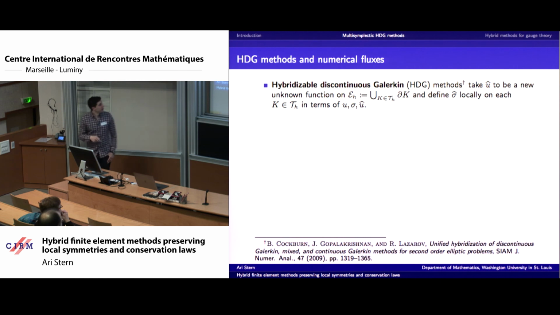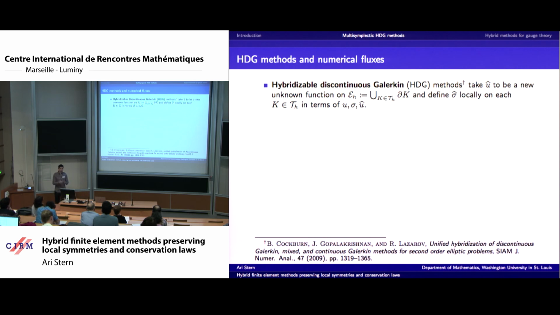A more recent development, just within the last 10 years by Cockburn, Gopalakrishnan, and Lazarov, are what they call hybridizable discontinuous Galerkin methods. And the idea is that rather than defining this u hat and sigma hat as functions of things that are going on in two different simplices, they actually take a hybrid approach and define them as new variables satisfying some augmented variational principle.